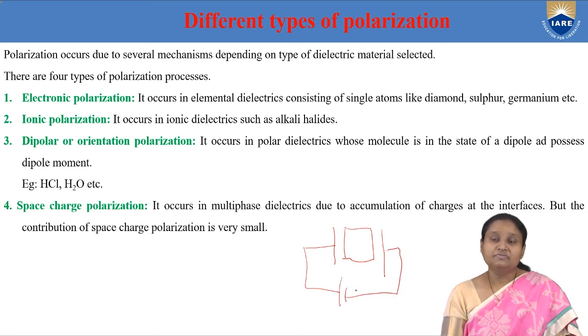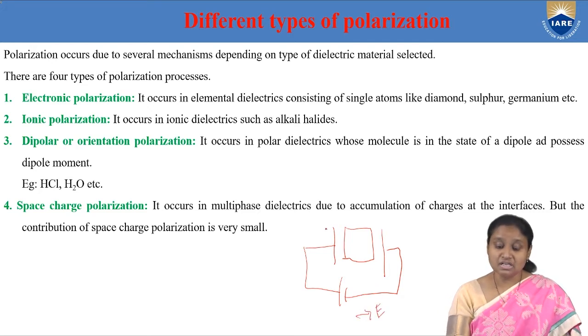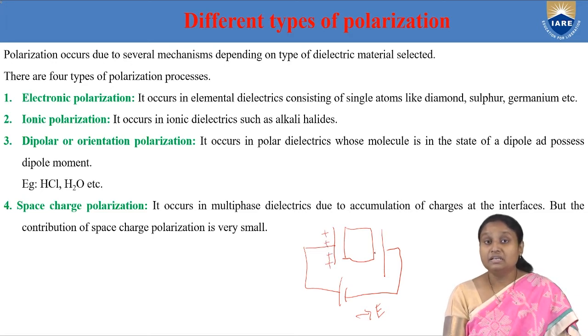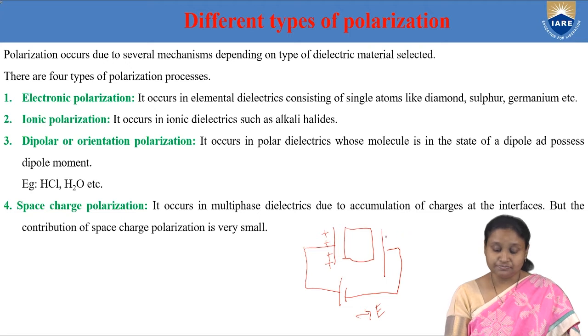Because of this external electric field, if the direction of the electric field is in this direction, first charges develop on the capacitor plates, because capacitor plates store electric charge.